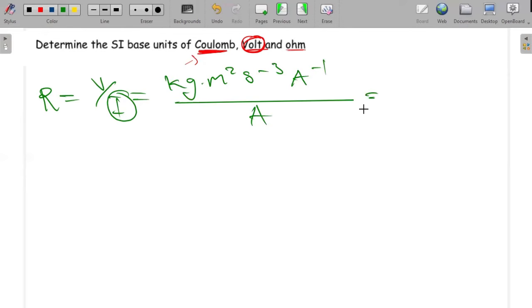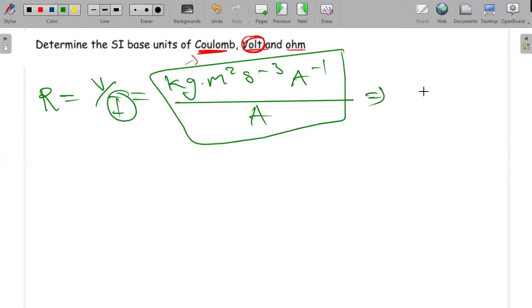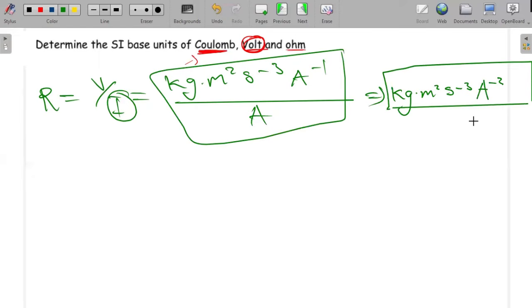You can leave it like this if you want, there is no harm in doing so, but you can also write it as kg meter squared second to the power minus 3 and amp to the power minus 2, since you have two denominators of ampere.